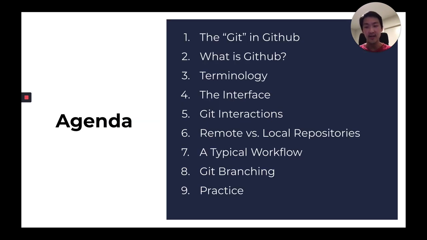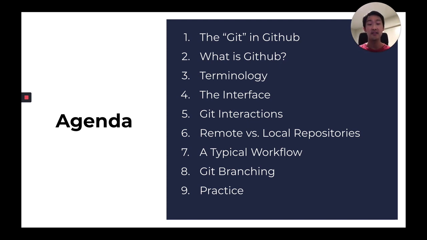So what is on our agenda for today? First I'll go over the Git in GitHub, then I'll go over what GitHub actually is, then some terminology, along with the interface of GitHub. After that I'll go over some common interactions that you can do with Git and GitHub.